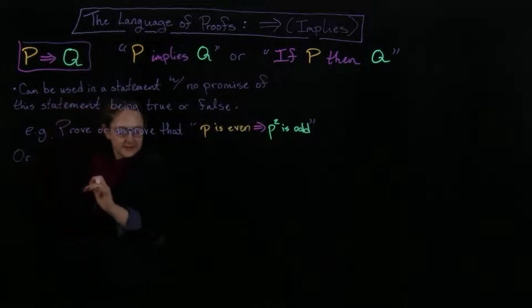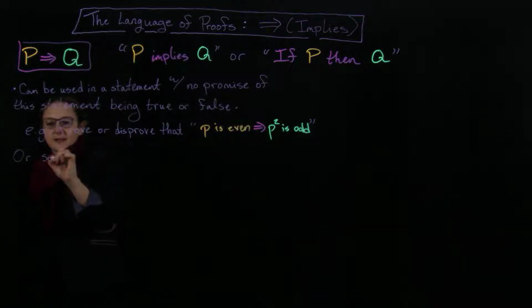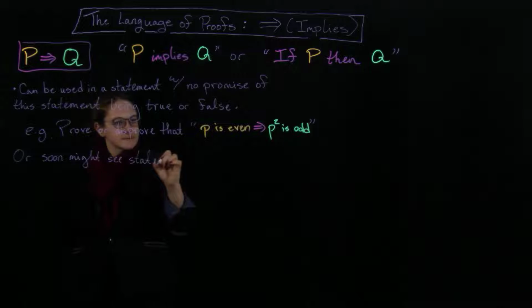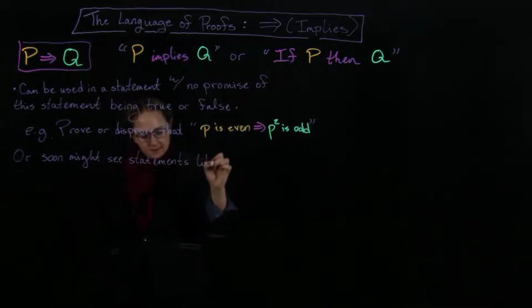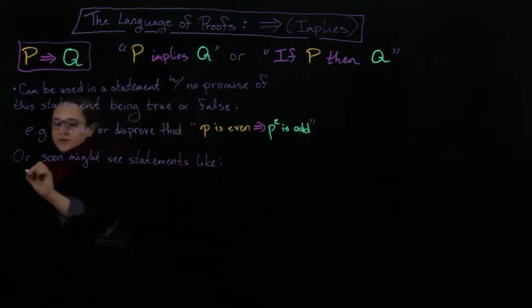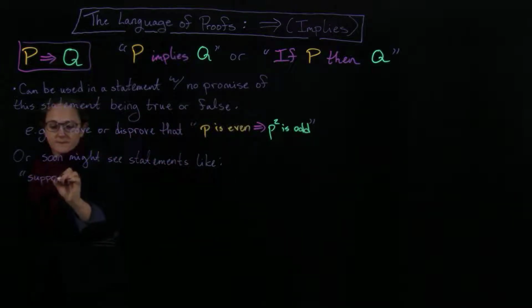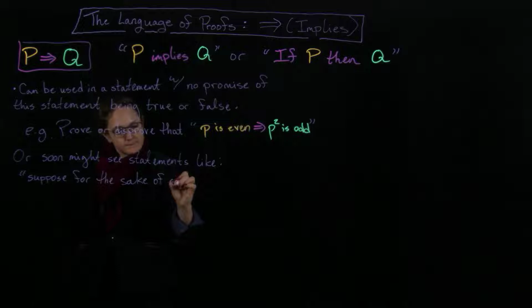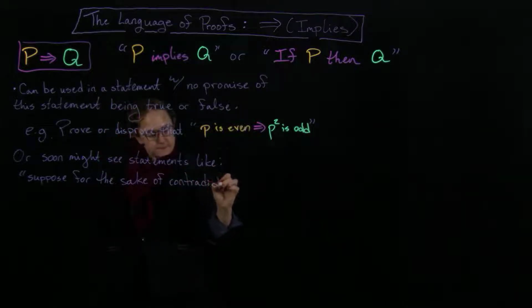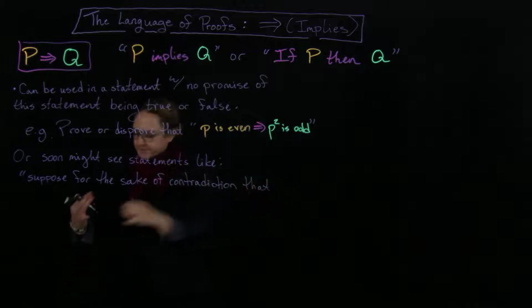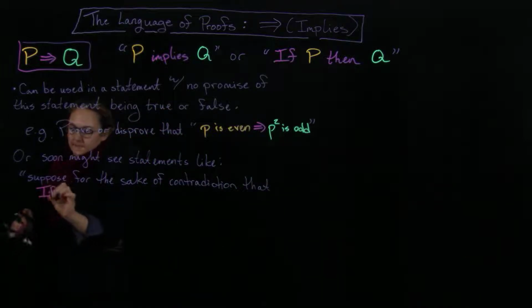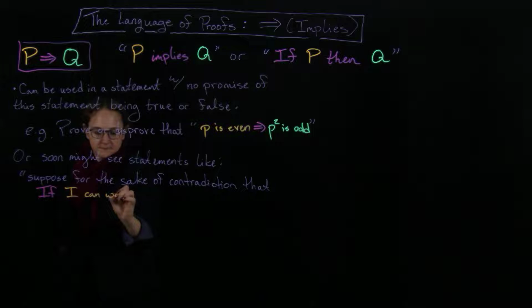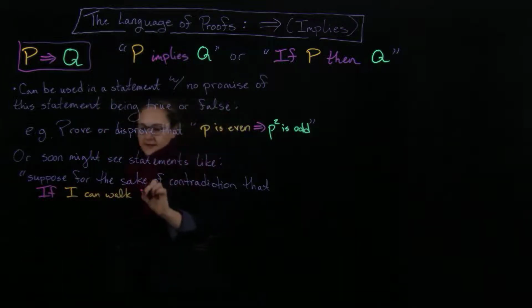Here's a great example. Soon you might see statements like: suppose, for the sake of contradiction, that if I can walk, then I can fly.